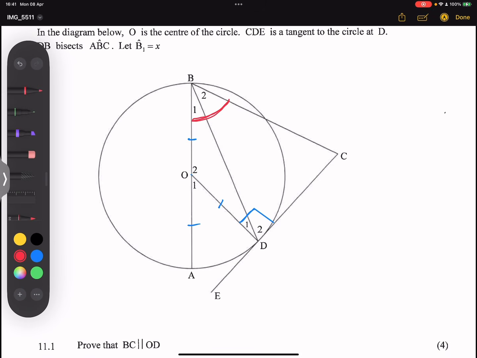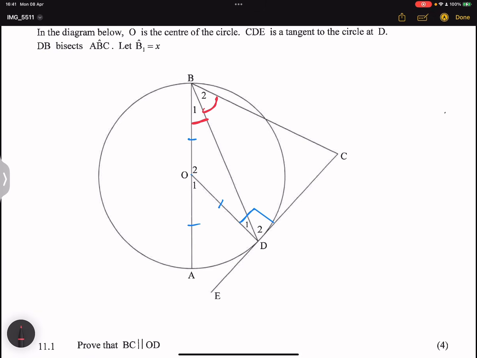But they said that DB bisects it, so that simply means those two angles, B1 would therefore be equal to B2. Now they say to you, let B1 be equal to x. So what I like doing is, let's work with B1. B1 is x. So which other angle would be equal to x?